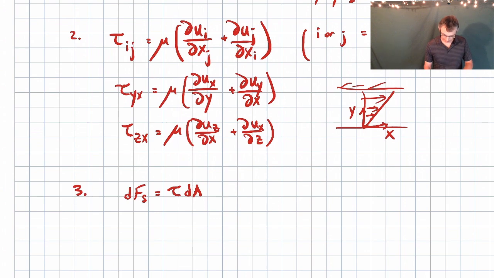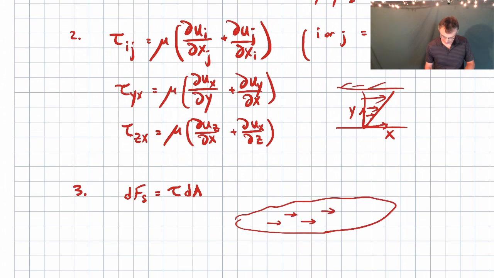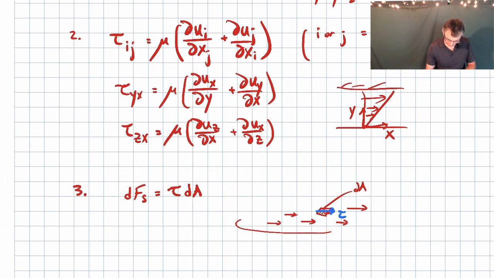If we have some big surface here, let's say a big plate, and we have some shear stresses acting over it, maybe the shear stresses vary from point to point. So to find the shear force on that little bit of area, dA, let me redraw the shear stress. Let's say the shear stress there is tau.